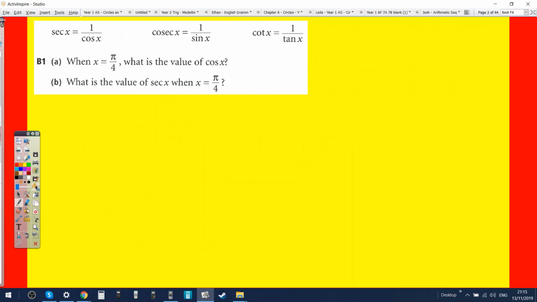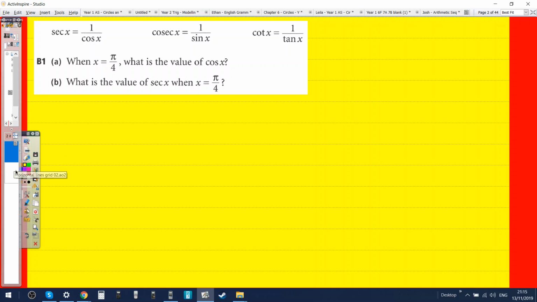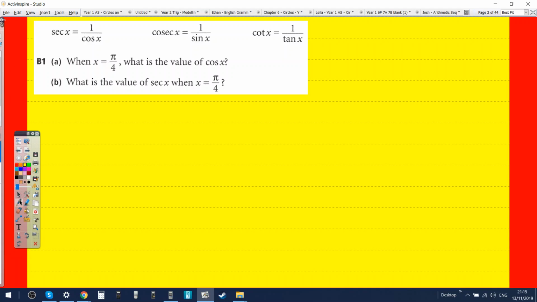Allegedly, we did this. Yes. How do we do these? A and B. How do you do B?